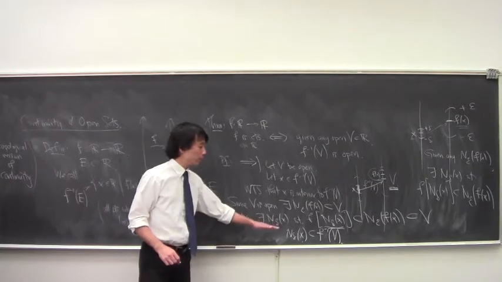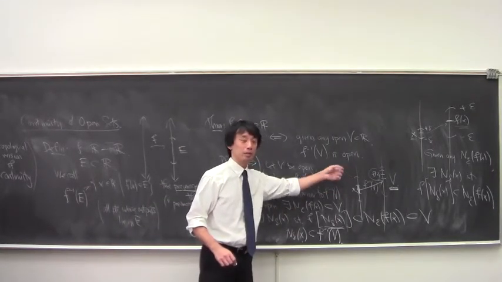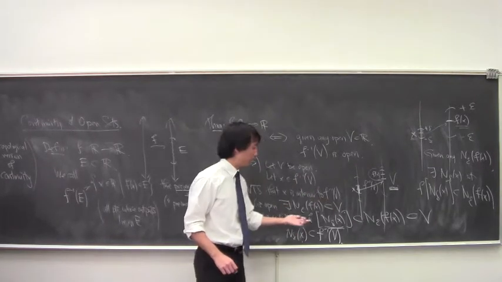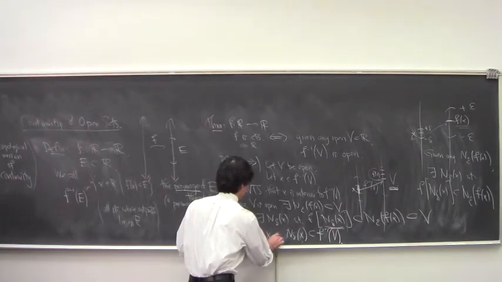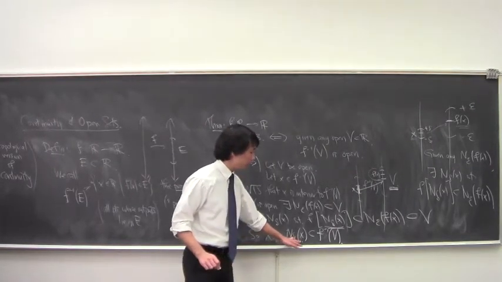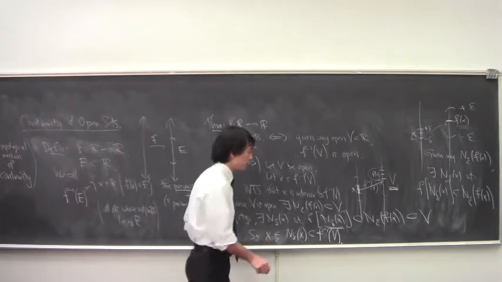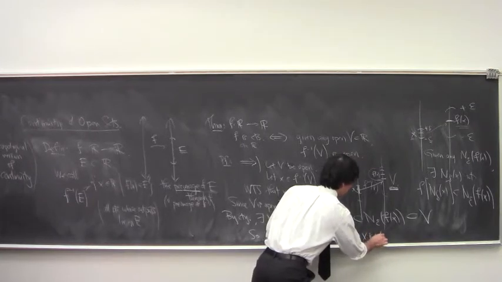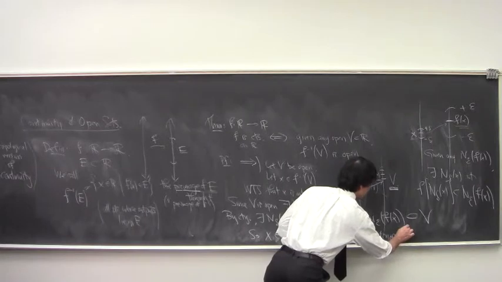Right? Because the pre-image of V is everybody who gets mapped to V. This neighborhood gets mapped into V. So it's in the pre-image, right? So yeah, X lies in a delta neighborhood that lies in the pre-image, and so X is interior to the pre-image.